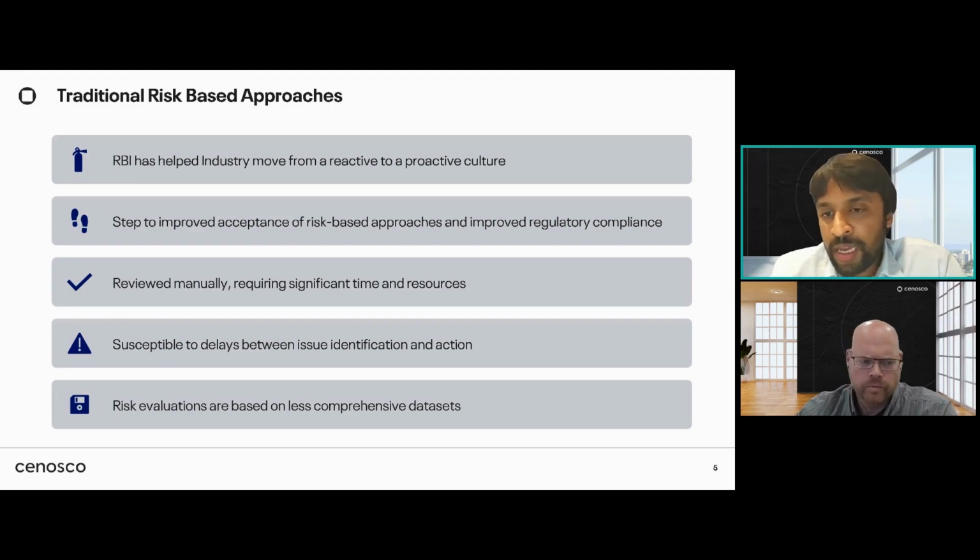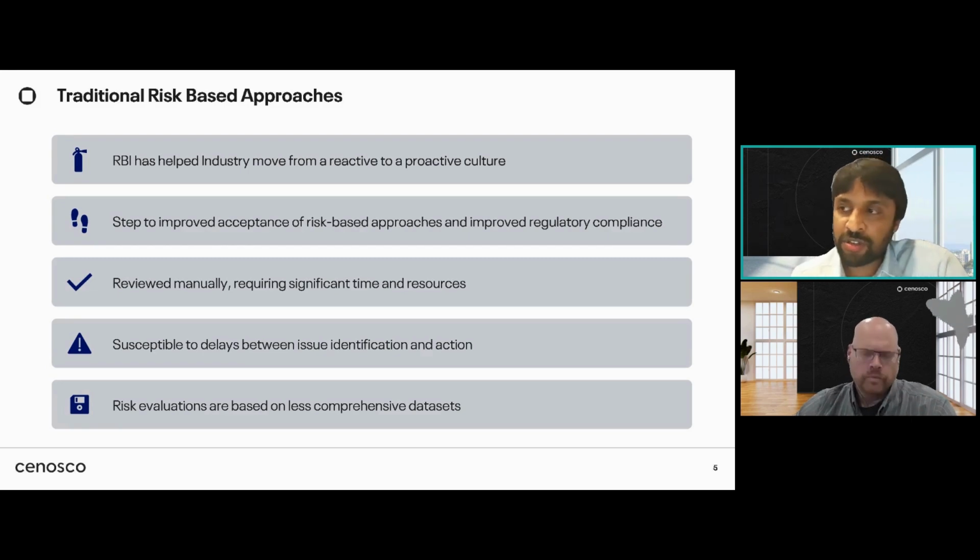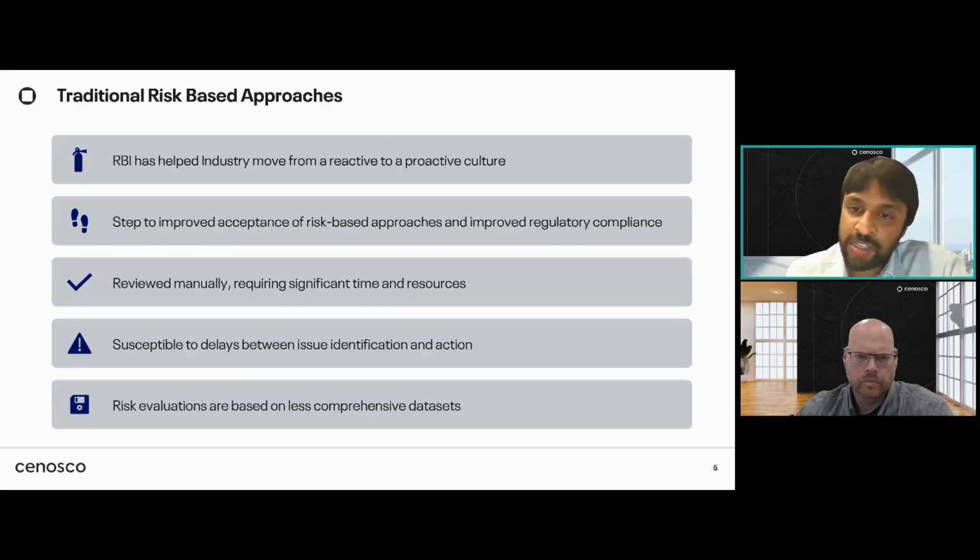What could also be a downside is susceptibility to delays between issue identification and action, right? Because most organizations are operating with lean teams. And of course, every discipline is fairly busy with priorities as well. So yes, there could be an issue identified on the back of an inspection.